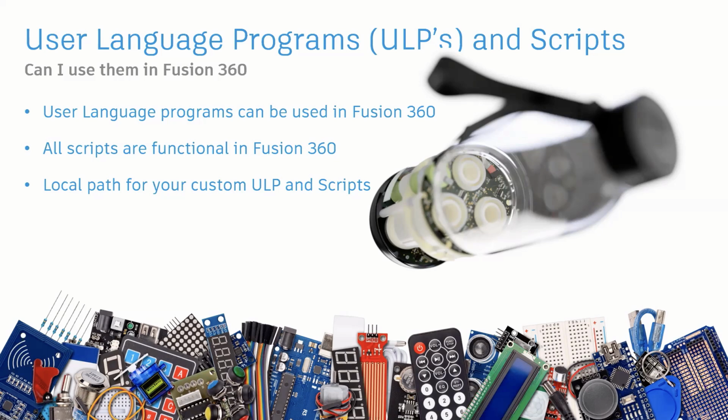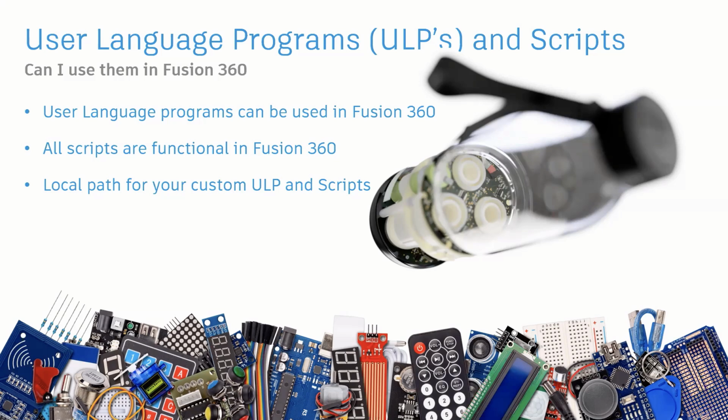And along those lines, it's similar to how it was in EAGLE. Basically, in Documents, you have a folder called Fusion 360, and inside that Fusion 360 folder, you'll find folders for your custom scripts and your custom ULPs. Fusion 360, when you're working in electronics, gives that path as an option whenever you're going to run scripts or ULPs. So it becomes a very similar experience to what you're already used to.